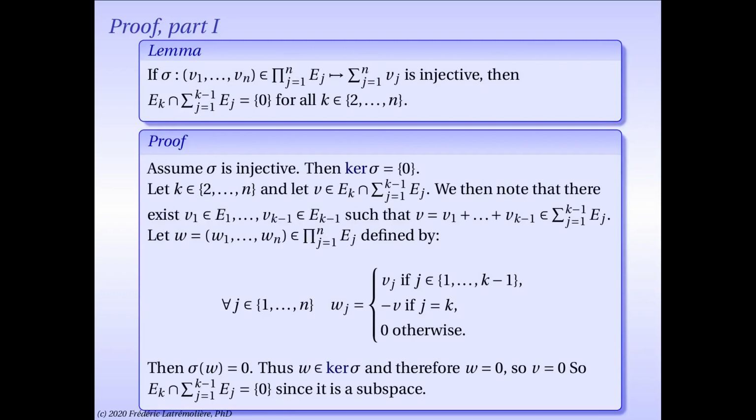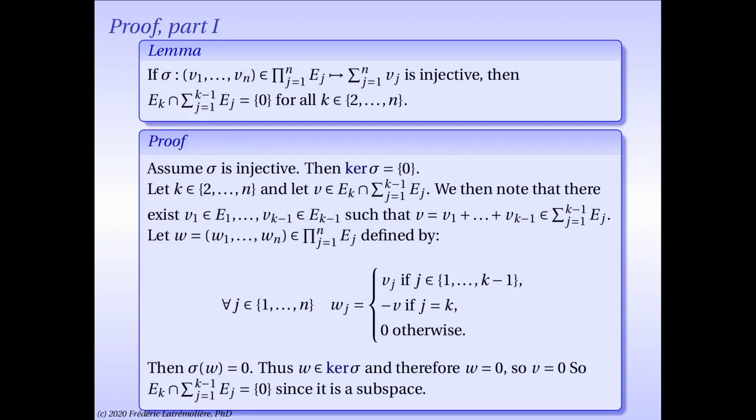Now I want to relate this decomposition of V to the kernel of sigma. So to do that, I'm going to introduce a new vector, W, in the following way. W is in the domain of sigma, so it has n components, W1, etc., Wn, with W1 in E1, W2 in E2, etc., Wn in En.